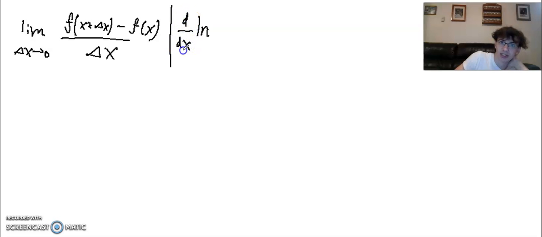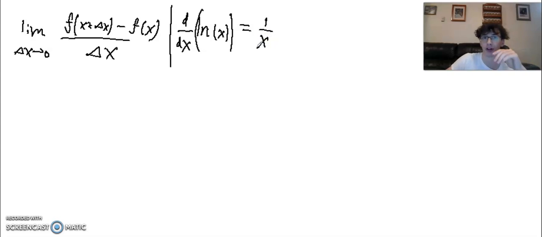First, d dx means the derivative of the function. We can put that in parentheses. This is what we're going to prove first: the derivative of ln of x, log base e of x, is always going to be 1 over x.